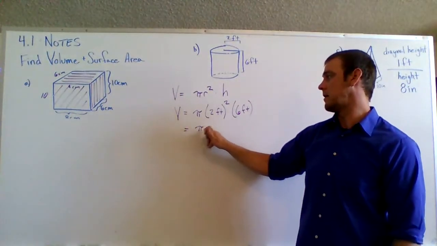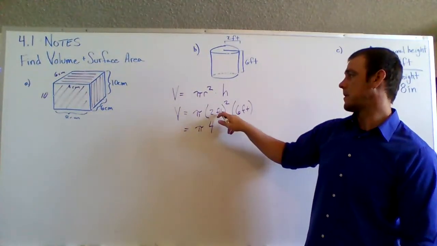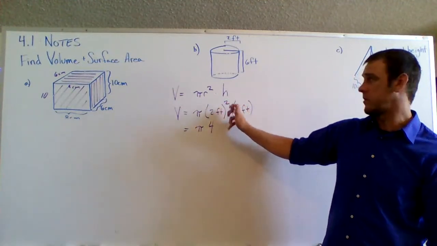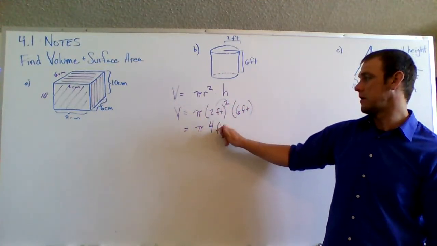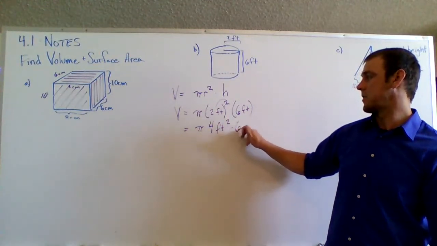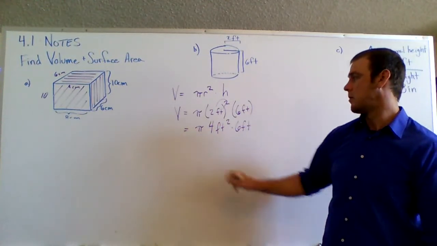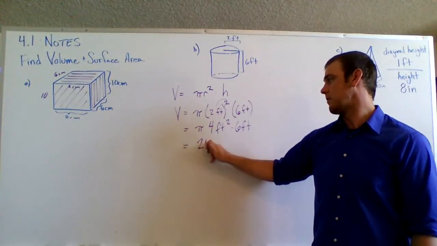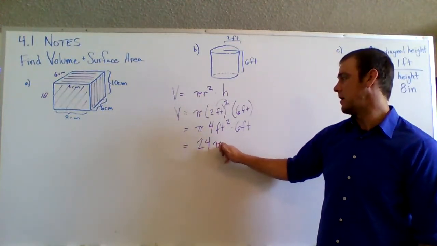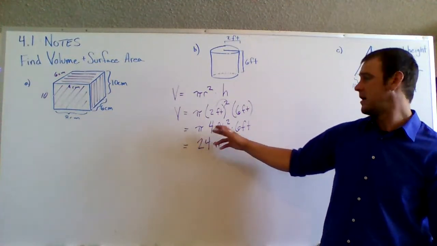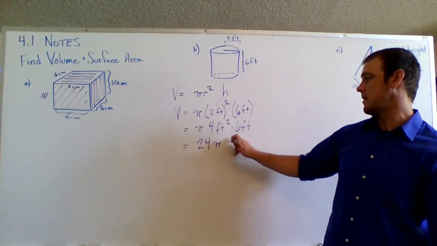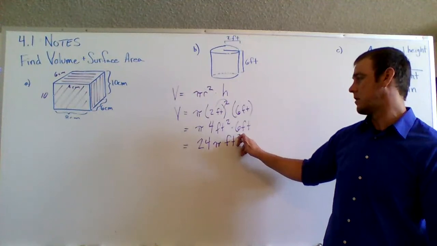So we got pi times 4 feet squared, because you distribute the square to both things, right? You get 4 feet squared times 6 feet, which is going to give us 24 pi, because 6 times 4 is 24. We have our pi here, and then feet squared times feet is going to make feet cubed.